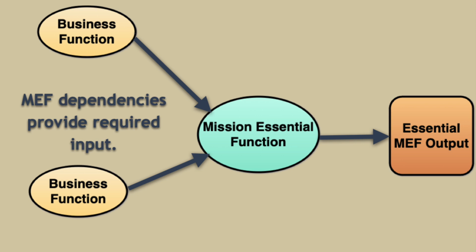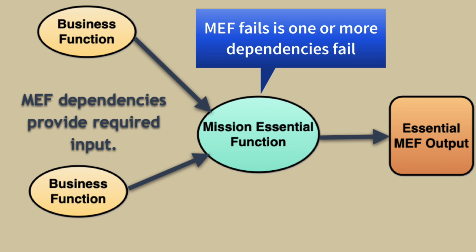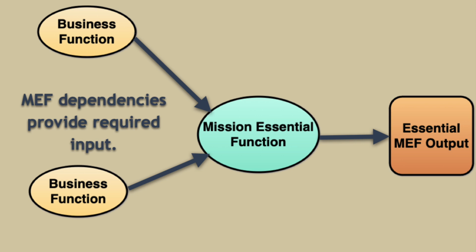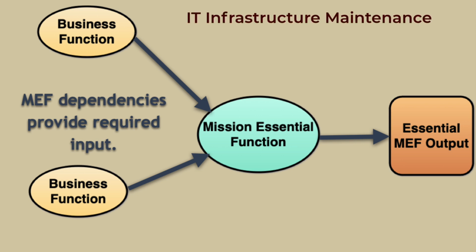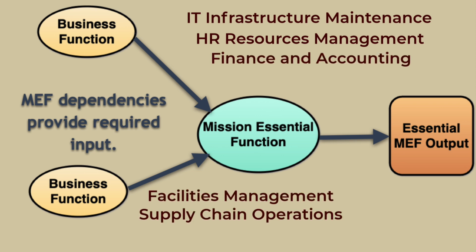Functions that support or enable MEFs are those activities and services that, while not themselves mission-critical, provide the necessary foundation or resources for MEFs to operate effectively. Often referred to as supporting or enabling functions, these may include functions such as IT infrastructure maintenance, human resources management, finance and accounting, facilities management, and supply chain operations.